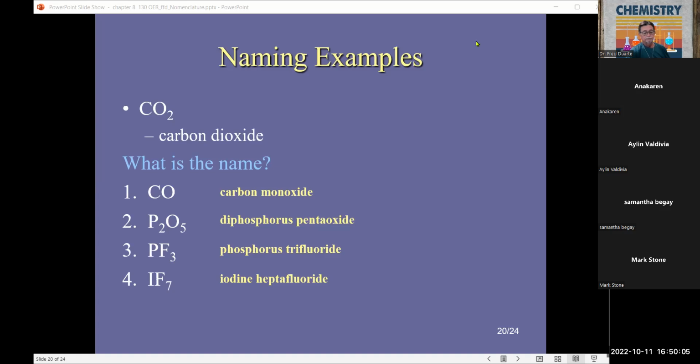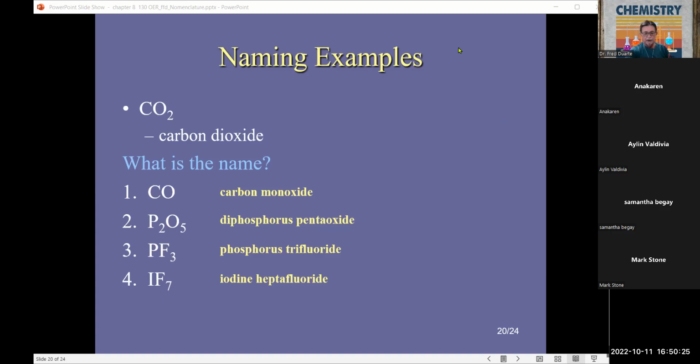Now, another... I'll give some more examples of how to distinguish between calling it sulfide and calling it sulfur. We'll do some more examples here in a second.